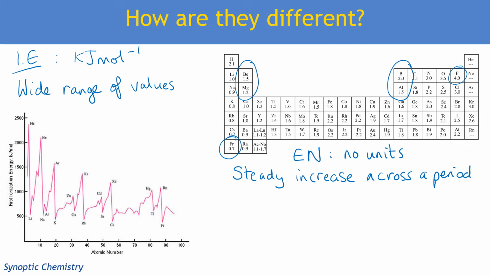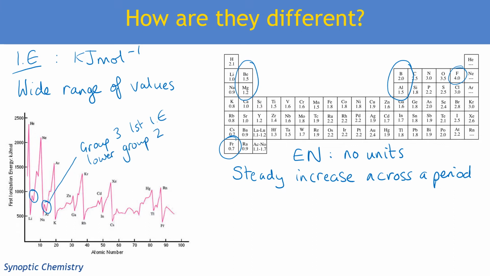Meanwhile, if we look at our first ionization energy graph on the left-hand side, we will always see between group 2 and group 3 a little drop. So group 3 first ionization energy is lower than group 2.